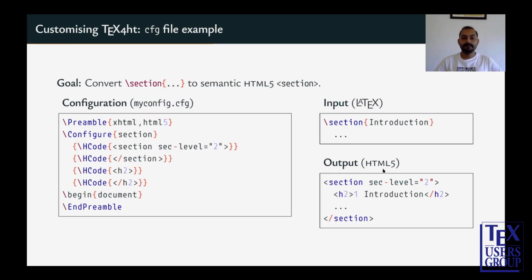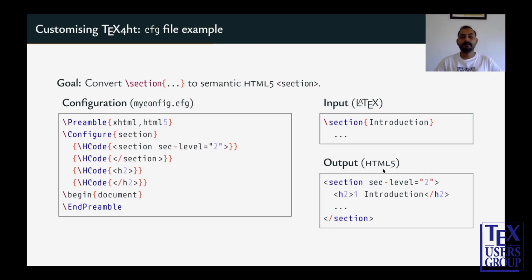The first 2, the HCode section sec level 2 and the HCode closing tag section, can be used to add specified code just before the start of the section block and after the entire section content is over.